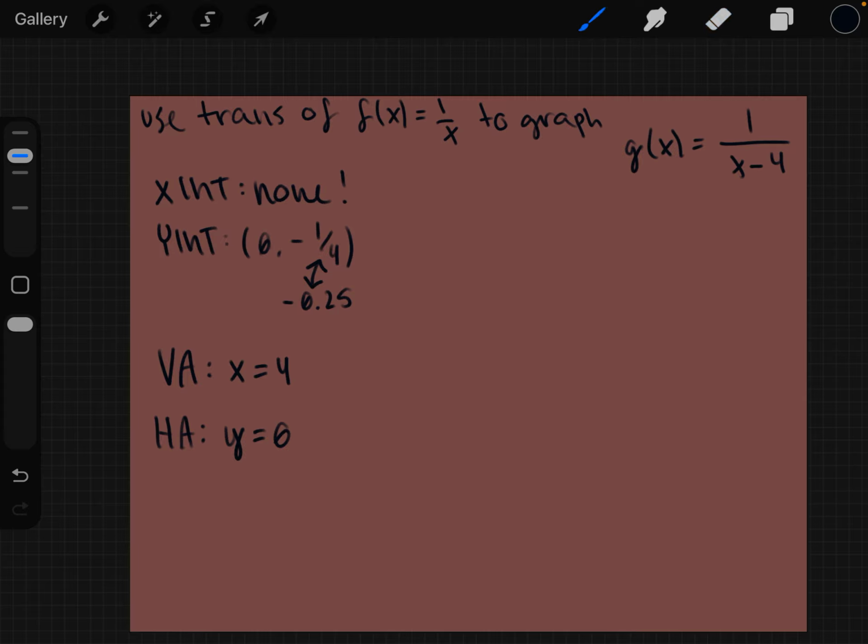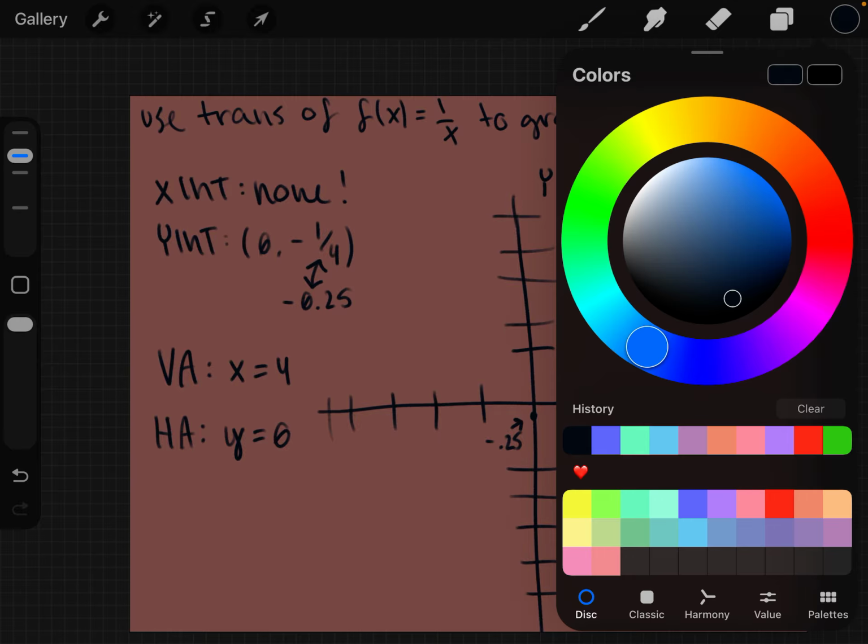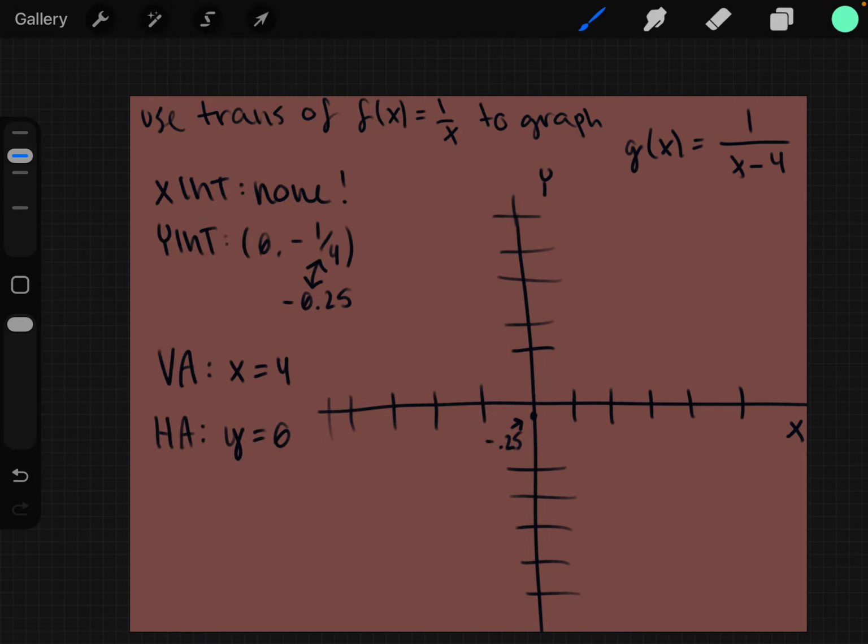So, now that I have these things, I should be able to graph. Okay, and it's negative 0.25, so that's going to be really tiny. First thing I'm going to do is my asymptotes.